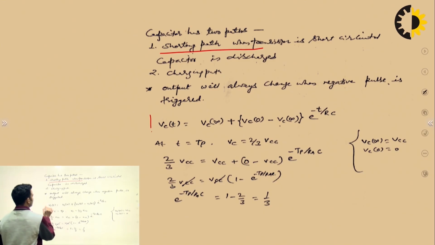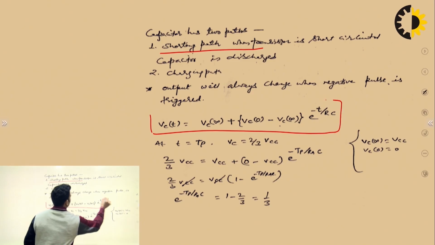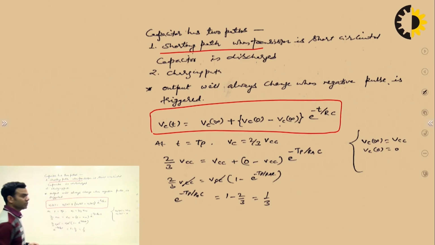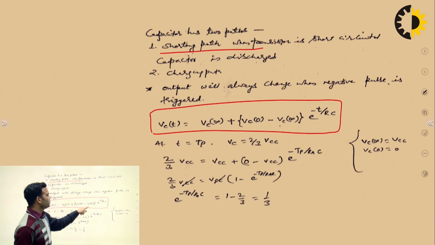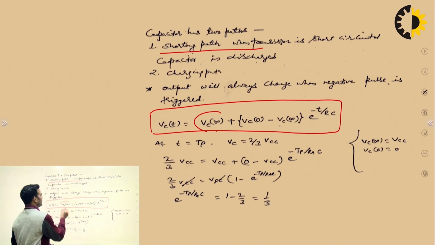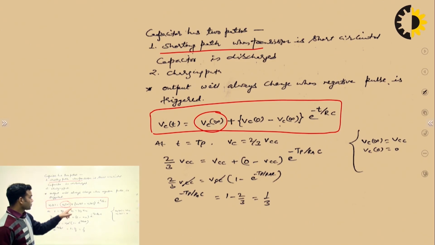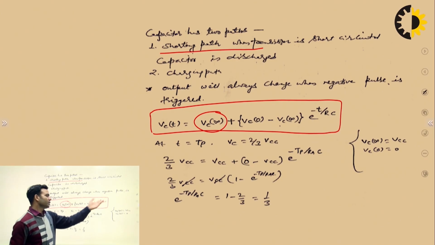This is the formula of voltage across capacitor that we all must know. VC infinite plus VC 0 minus VC infinite into e to the power minus t upon RC, where VC infinite is the final voltage across capacitor, VC 0 is the initial voltage, and these things you already know.